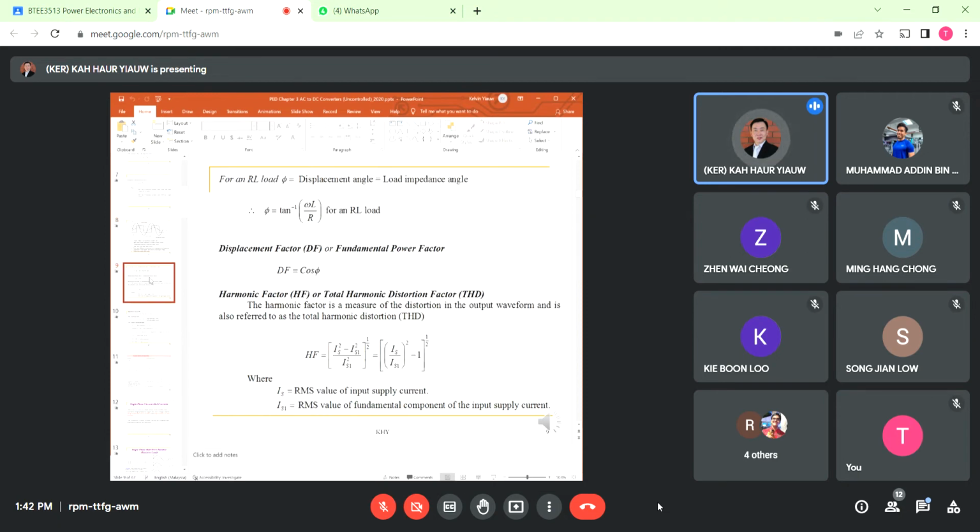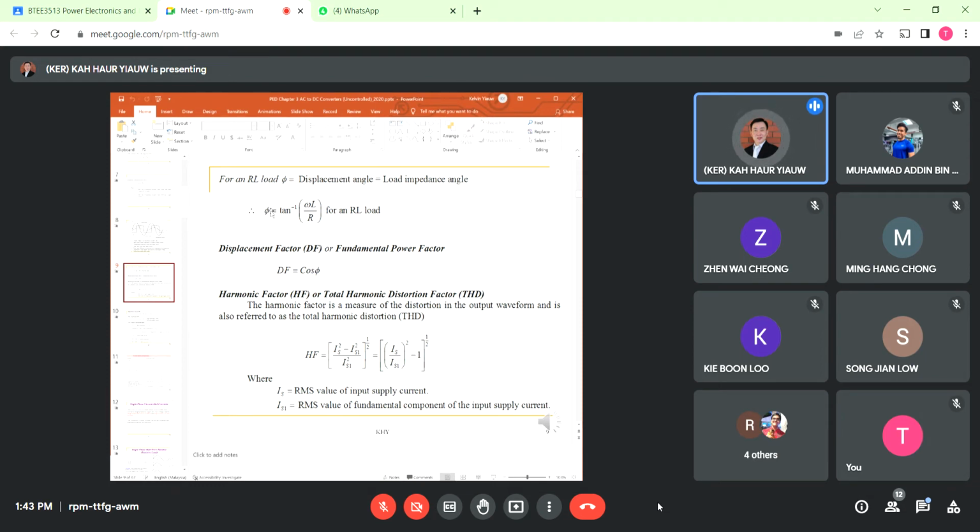Now, if we have an RL load, the angle phi can be obtained with this formula: the arctangent of omega L over R gives you the displacement angle phi. We also have another factor called the displacement factor. The displacement factor, DF, is equal to cos phi only.